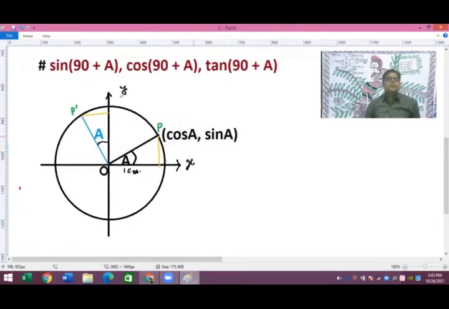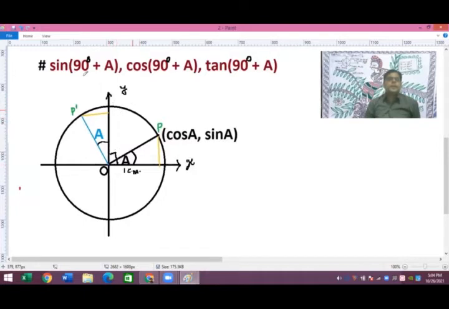Similarly, we shall now talk about sin(90° + A), cos(90° + A), and tan(90° + A), and in a similar way we can see the 90° plus A angles for their reciprocals. Here sin(90° + A) means in the first quadrant, if you start to count the angle from the x-axis and go up, this will describe 90 degrees.